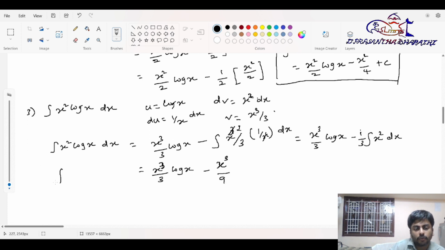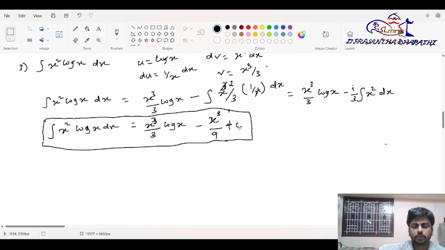So this is the value of the integral of x square log x dx. So this is the formula. Dear students, don't forget to put c here. This is the formula for integration of x square log x dx.